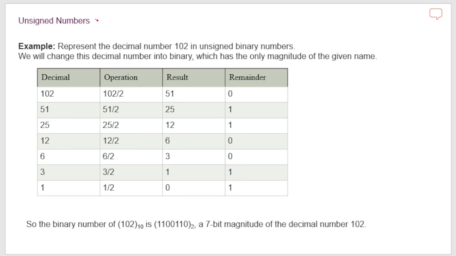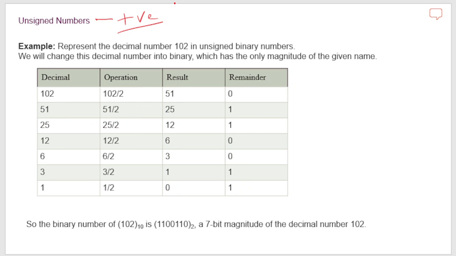By default, the decimal number representation is positive. We always assume a positive sign in front of each decimal digit. There is no sign bit in an unsigned binary number, so it can only represent its magnitude in 0 and 1.